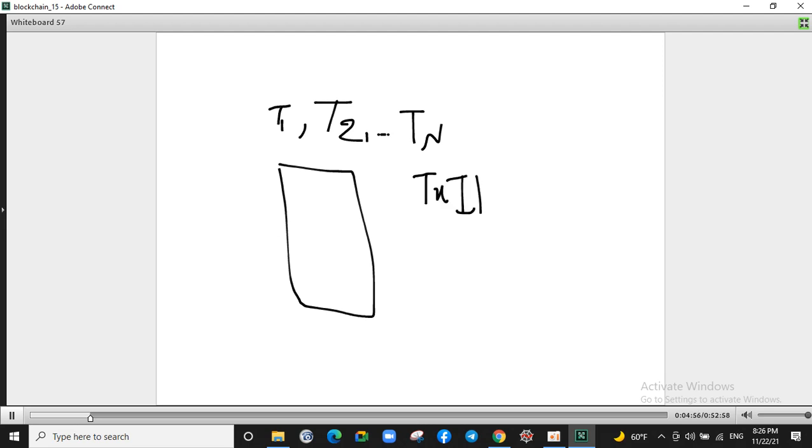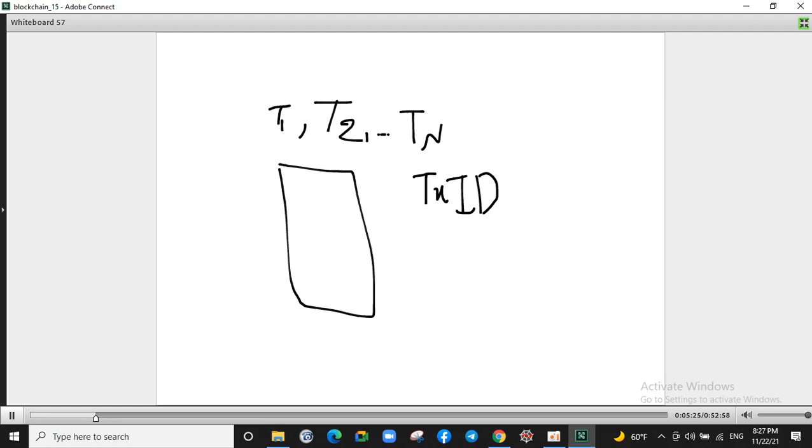If you can remember, the transaction ID was the hash of all the data inside the transaction. I explained it in the previous lecture. Also, I explained it through Python codes. Please watch it again if you cannot remember. Okay, so each transaction has a transaction ID.